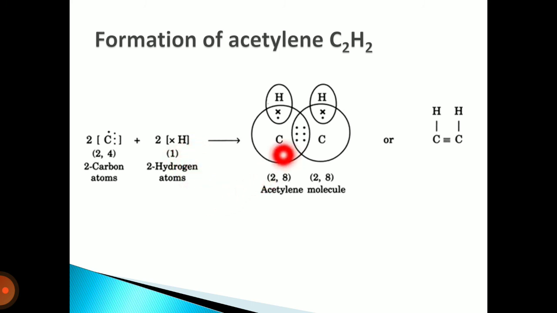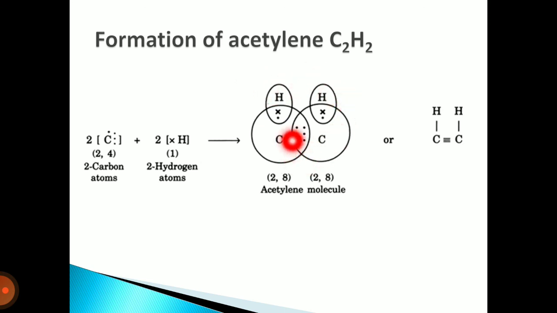So these carbon atoms share, out of these 4 valence electrons, 3 electrons with the other carbon atom. So both the carbon atoms mutually share 3 pairs of electrons with each other, and the remaining 1 electron is made available for sharing with 1 hydrogen atom.